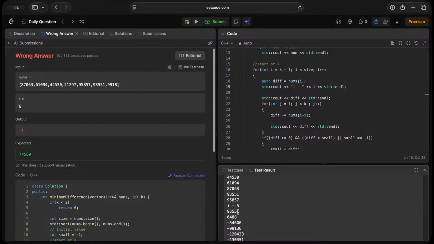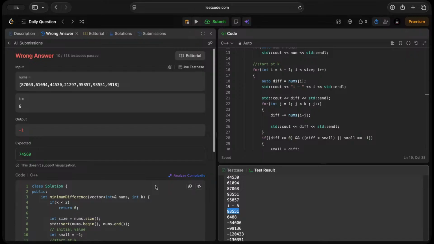So I have 5. Oh, here we go. 93551. And then we're subtracting the next one.